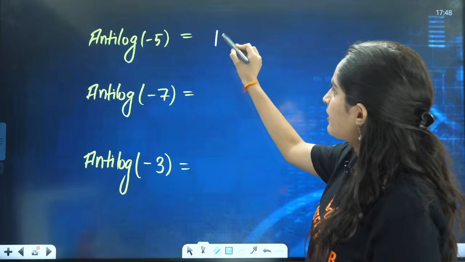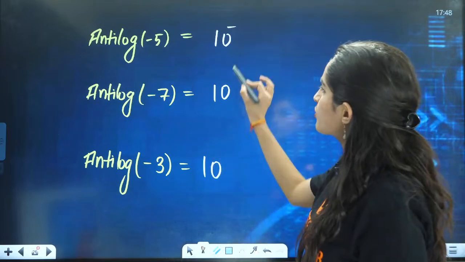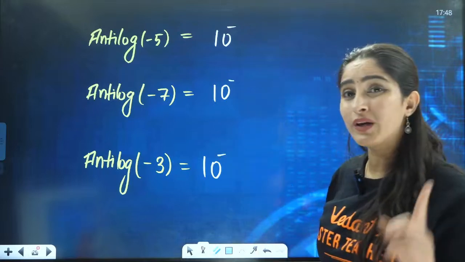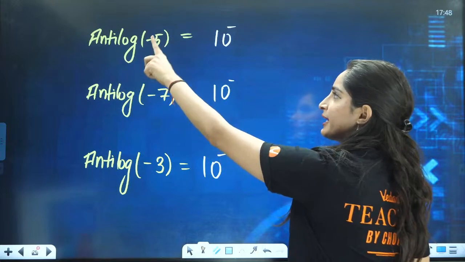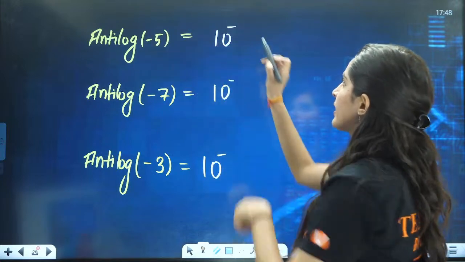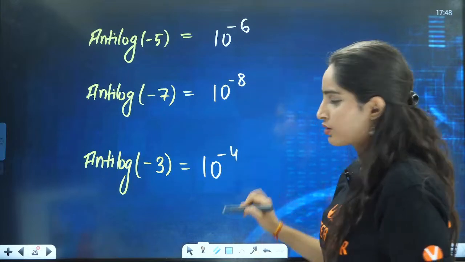So you'll write 10 everywhere, and the minus will also stay as it is. But you will increase the modulus of the value by 1. If it is 5, you will write 6. If it is 7, you will write 8. If it is 3, you will write 4.